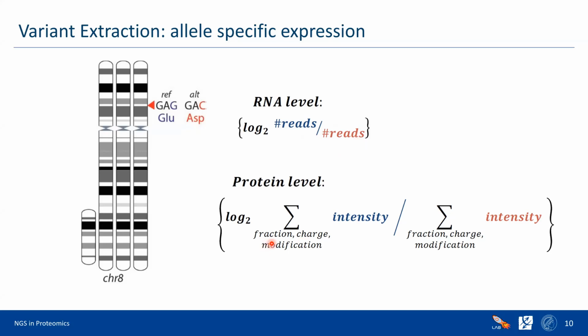And from the proteomics level, we can sum up intensities of peptides through different fractions, different charges, and different modifications, which support one amino acid as a result, and one mutation, reference compared to alternative.